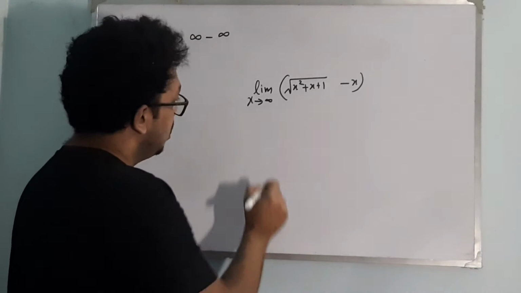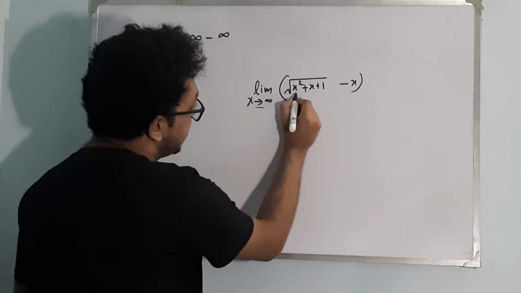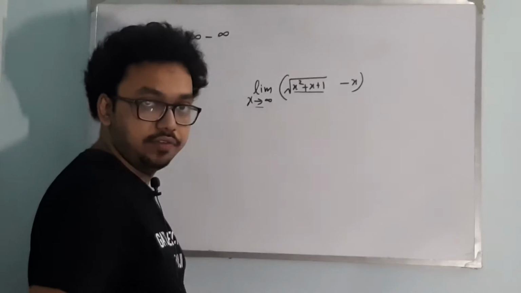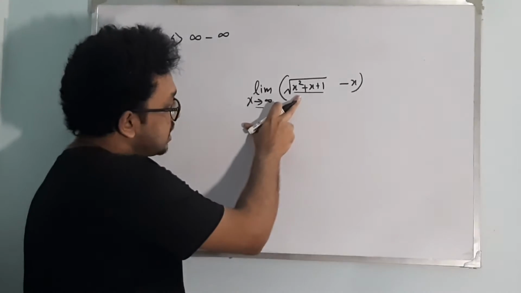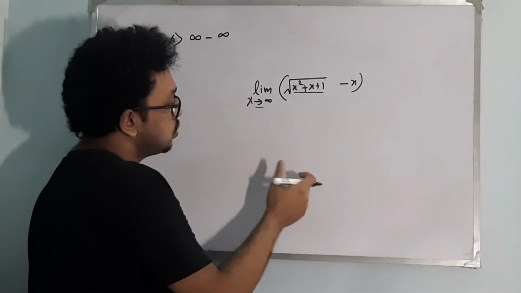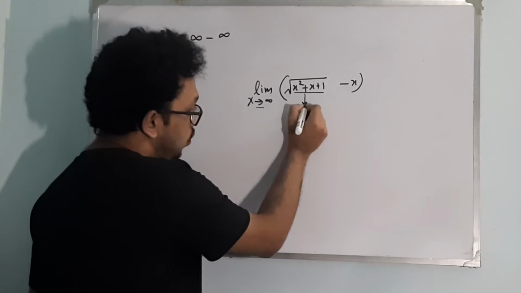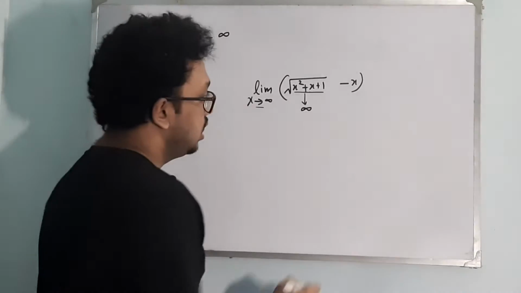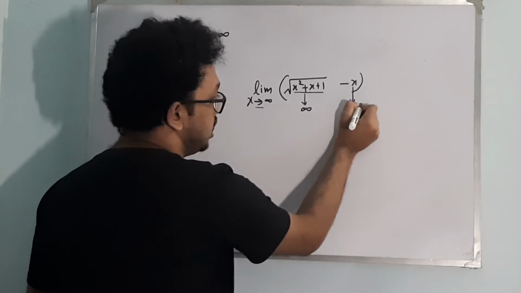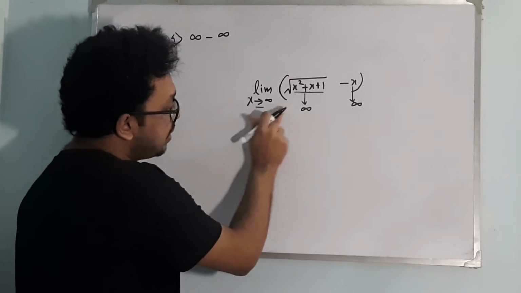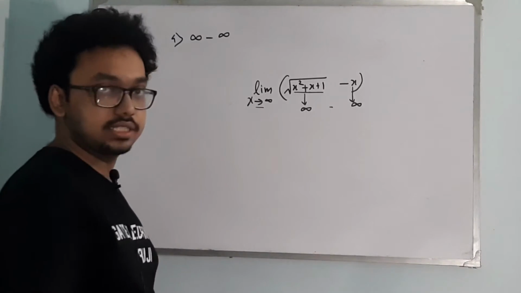Observe, when x is tending to infinity, clearly x square plus x plus 1 will tend to infinity. So the square root of x square plus x plus 1 will also tend towards infinity, and clearly x is also tending towards infinity. So clearly we have an infinite minus infinite form in this case.